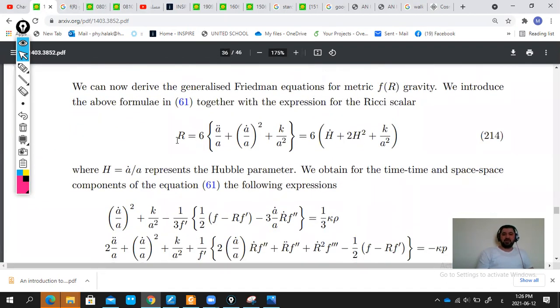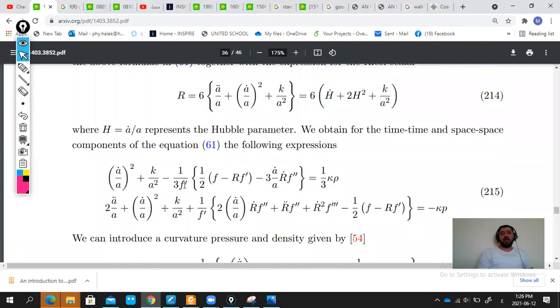This is R, the Ricci scalar, and now we have the modified Friedman equations.